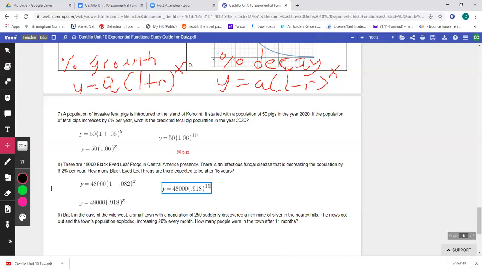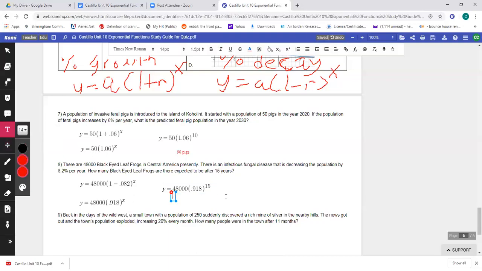And then I get that after 15 years, there is expected to be 13,301 frogs. You should have got something like 13300.913079, something like that, but you could just round it.